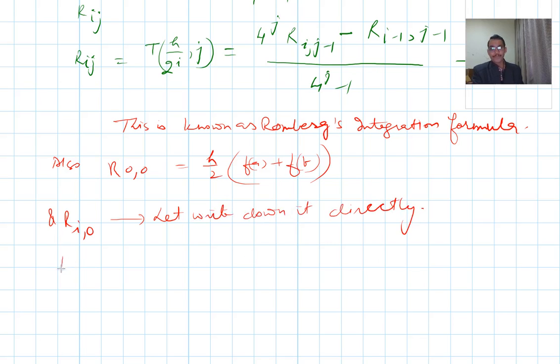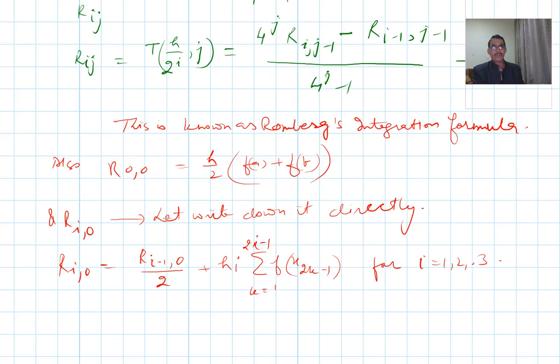In the similar fashion, Ri0 can be evaluated as R(i minus 1, 0) upon 2 plus h_i times the summation over k equal to 1 to 2^(i minus 1) of f of x_(2k minus 1), for i equal to 1, 2 and 3. So these are the two equations: this is equation number 7 and this is equation number 8.